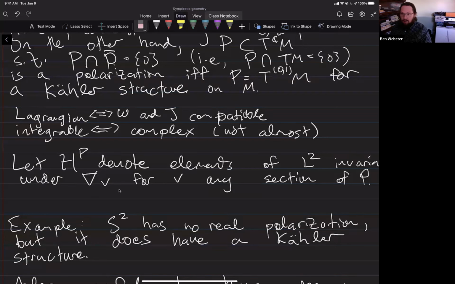And it will only have a real polarization if it's a torus. So this is just one example. There are many fewer possibilities for polarizations if you only restrict yourself to real ones.